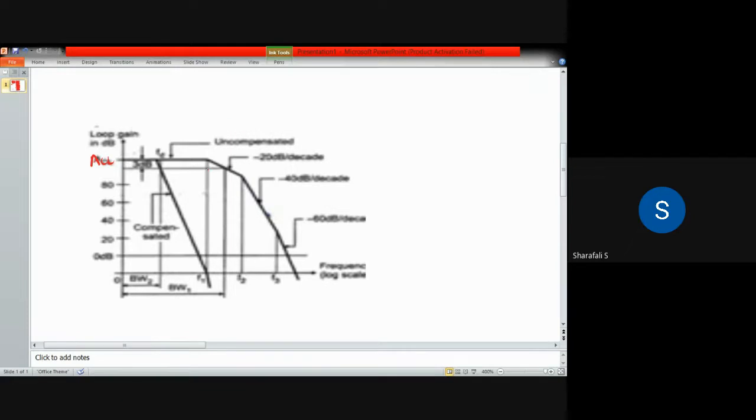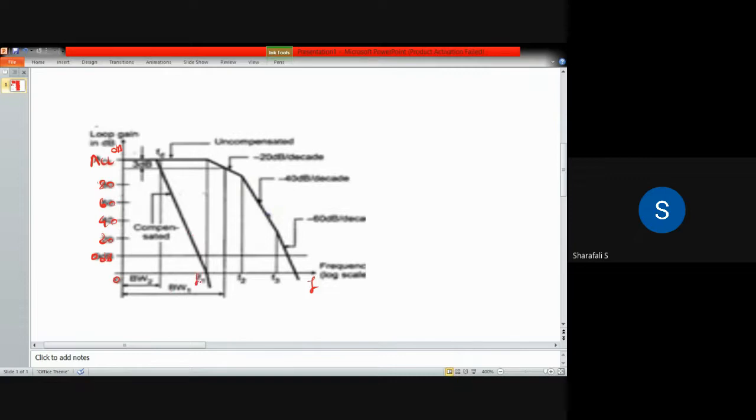So closed loop gain is ACL, and that is given in this y-axis, with values 80, 60, 40, 20, and this is in dB. Here you have 0 dB. In this axis you have frequency f, the x-axis.